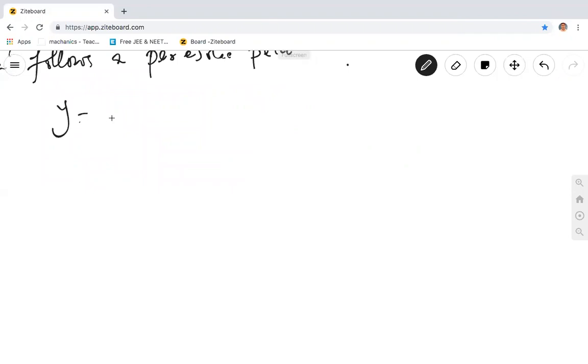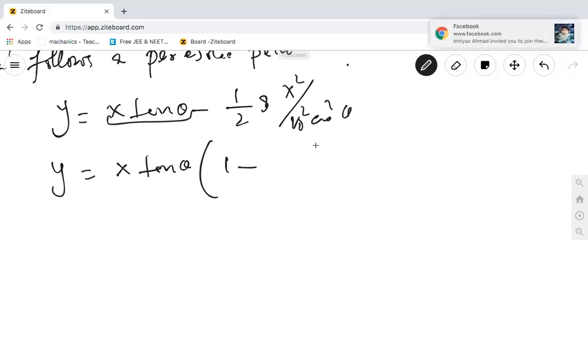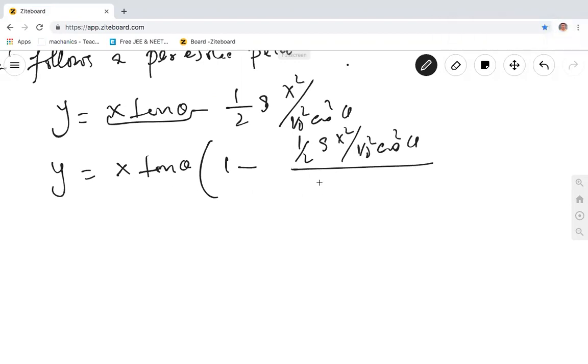y equal to x tan theta minus 1 by 2 g x square by v0 square cos square theta. If you put x tan theta common, what remains inside? 1 minus 1 by 2 g x square v0 square divided by x tan theta.